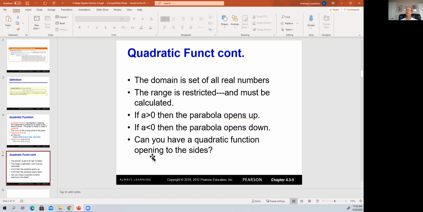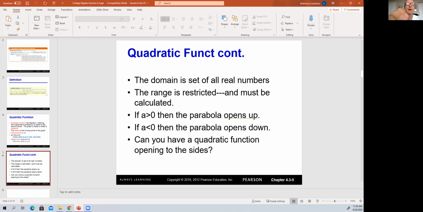But here's another really important attribute of a quadratic, the idea of the a value. And what does the a value tell you? It tells you how the quadratic graph, again called a parabola, is oriented.